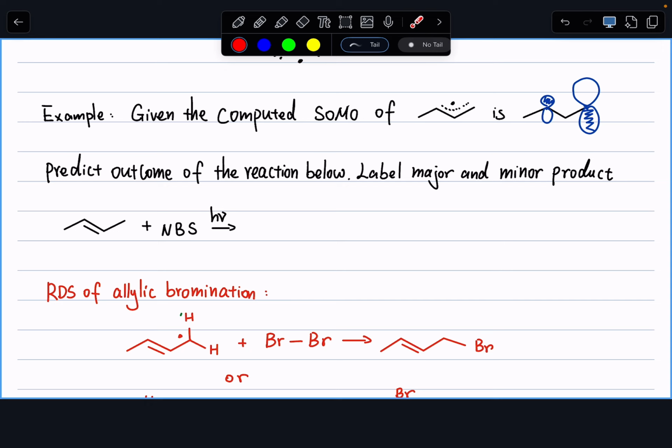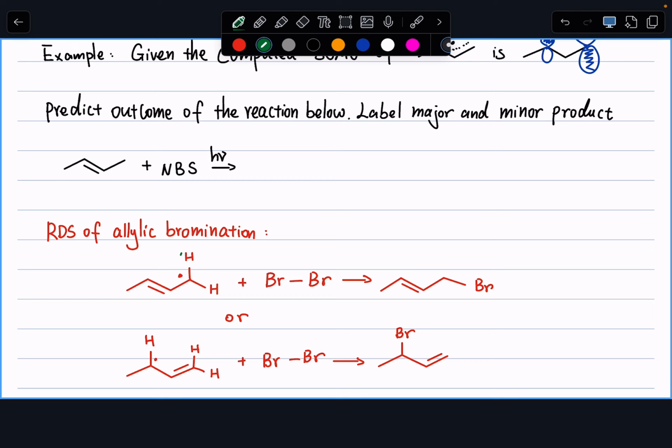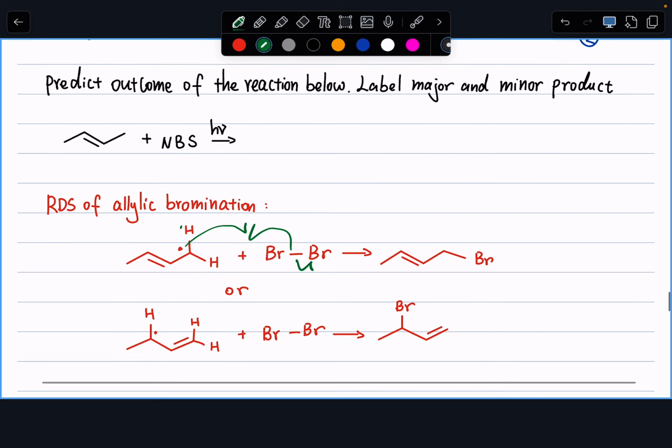Or the other way to put it is if we look at the rate-limiting step of the bromination reaction, this radical adding onto the Br to form this terminal C-Br, or this internal one adding onto the Br to form the internal bromination.